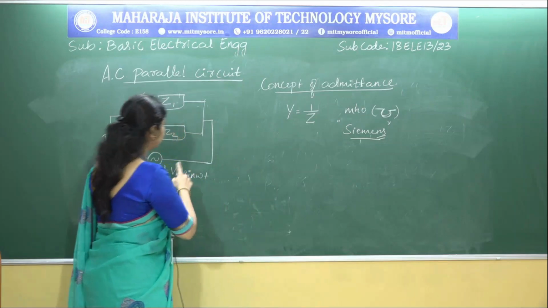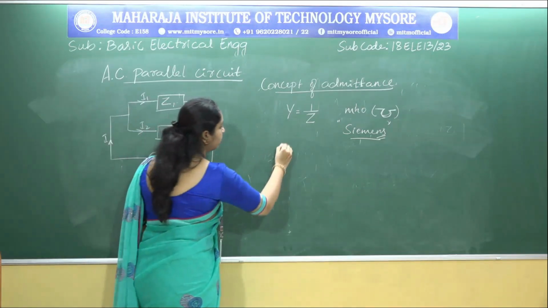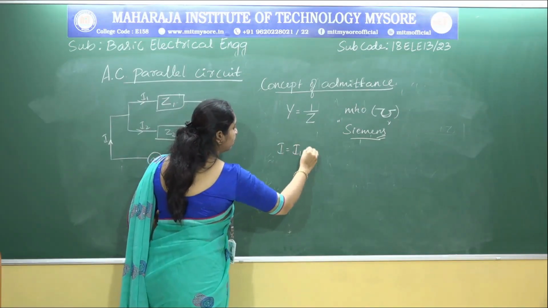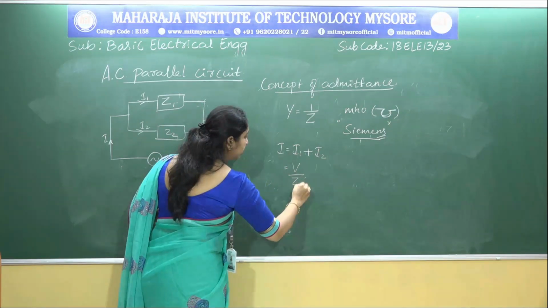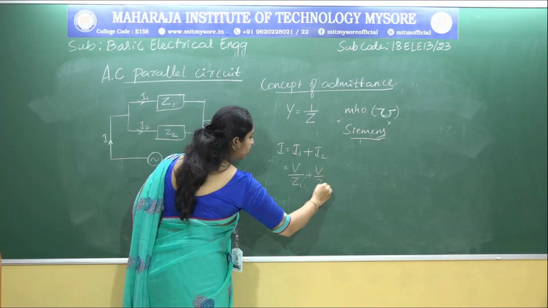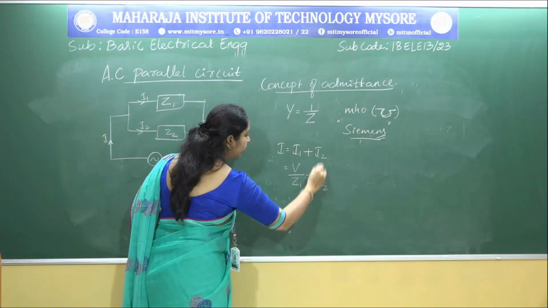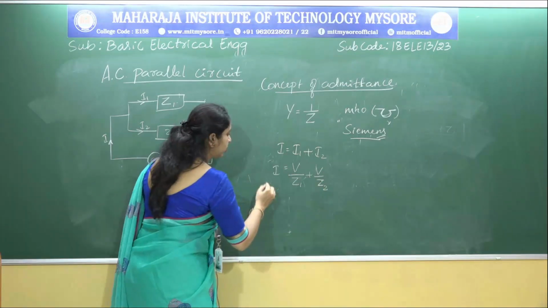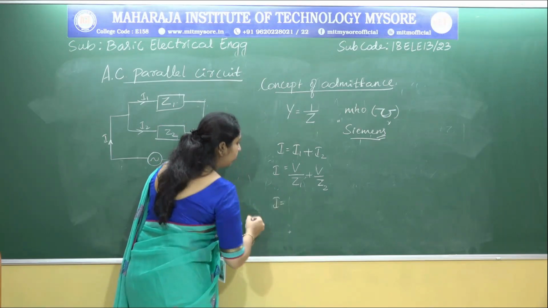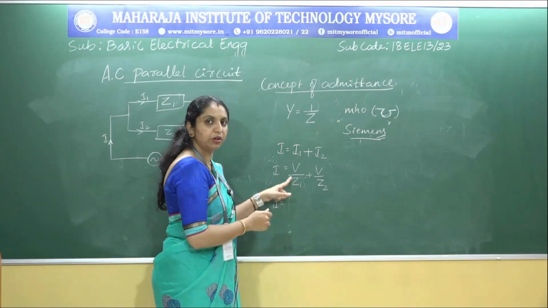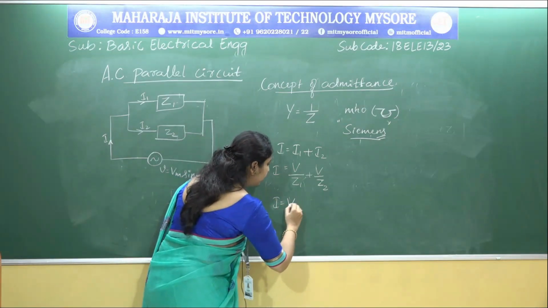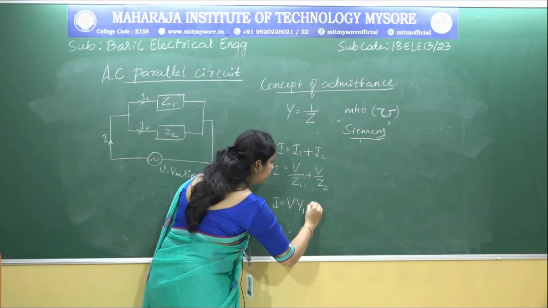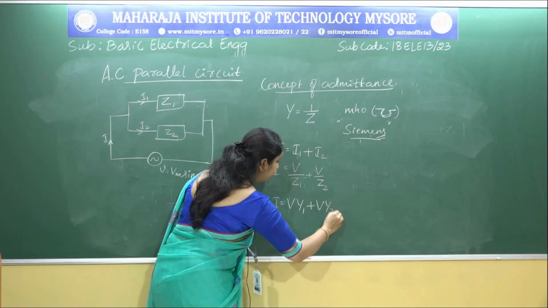To analyze this circuit, we already know that I is equal to I1 plus I2, where I1 is V by Z1 and I2 is V by Z2. So what is 1 by Z1? 1 by Z1 I can write as Y1. So I can write this as V into Y1 plus V into Y2.